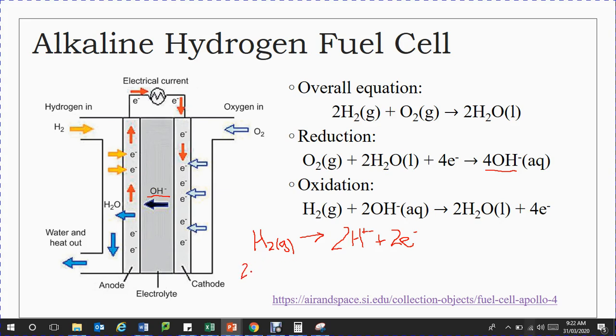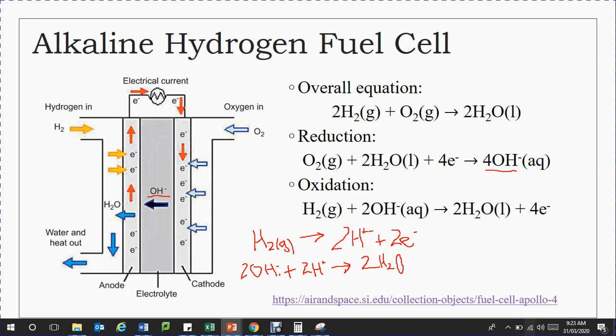So we've got 2 hydroxide ions plus 2 hydrogen ions, and that's 2 water.